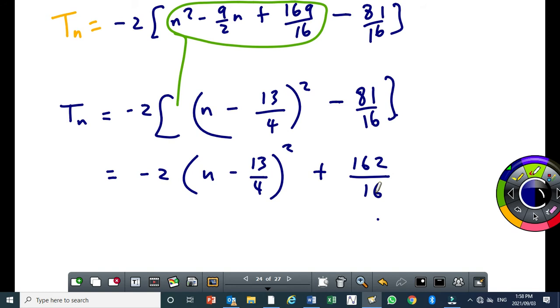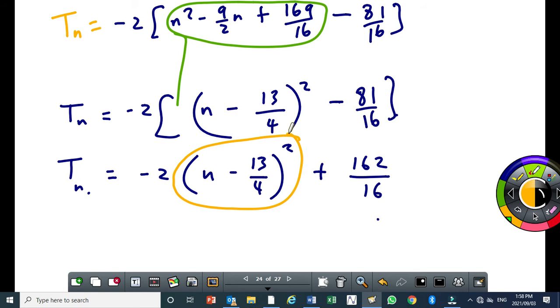Now, this is where the explanation now comes in. Can I have your attention? How many of you agree with me that this will always be positive for any value of n? Yes, because of the square.